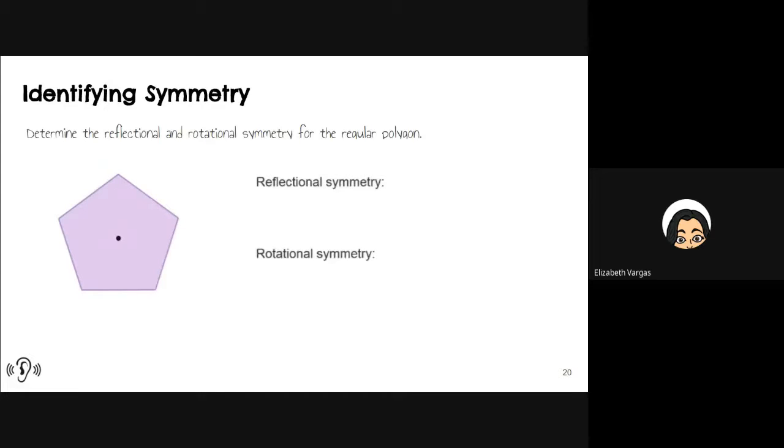I'll wait for one person in the chat box. We know that the reflectional symmetry of a regular polygon is equal to the number of sides. I have 5 sides, so what is the reflectional symmetry?